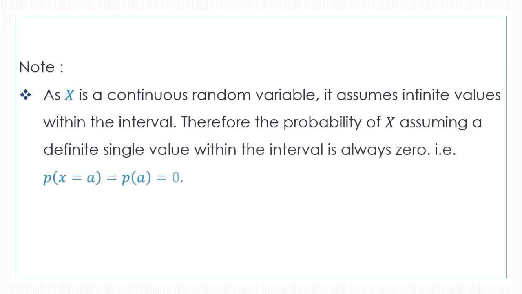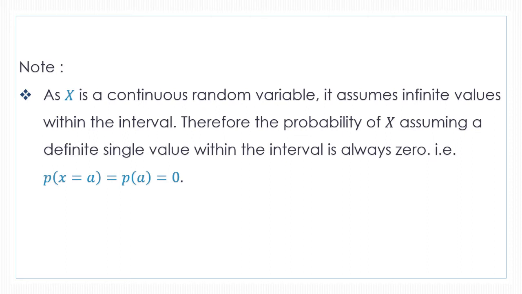Reason? Because the total of all the probabilities is 1, and we have infinite options. If we take single values, we have infinite values between the two intervals. So if you have taken some interest in maths, 1 divided by infinity is 0.